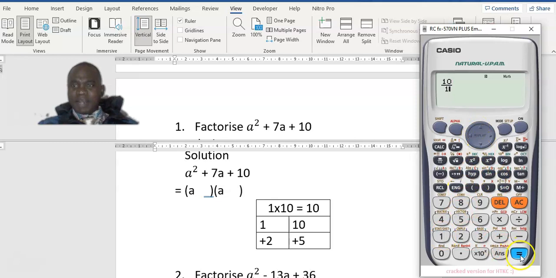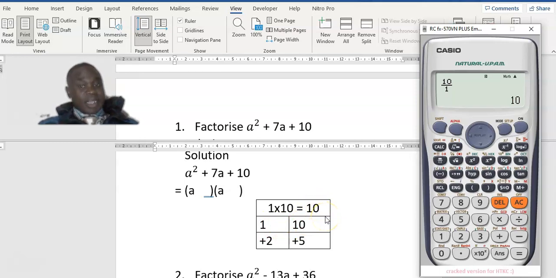We know any number divided by 1 will give you the same number. So 10 divided by 1 will give you 10. Always, 1 times any number will give you the same number. So 1 times 10 is going to give you this 10.